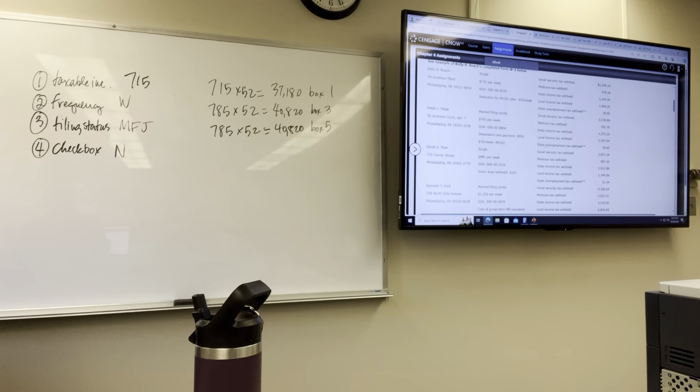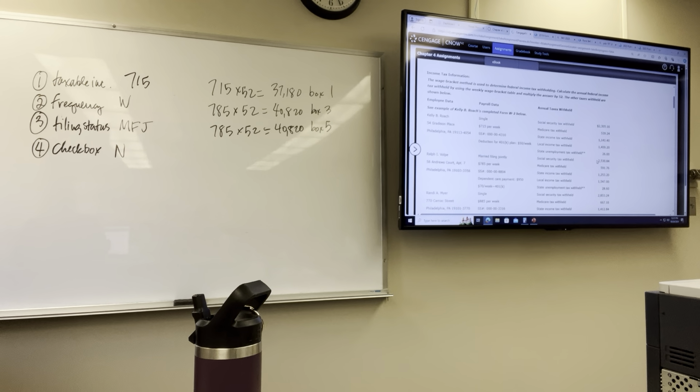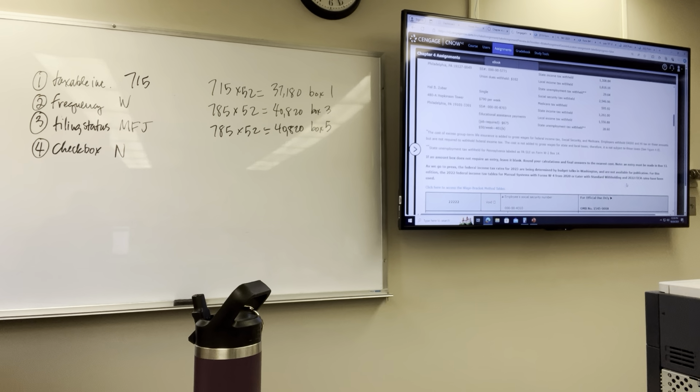And then they've given us the amounts for, sorry, we're looking at Ralph here: Social Security tax, Medicare tax withheld, state income tax withheld, and local income tax withheld. I think there is some cost of excess group life insurance. I know there's one problem here that has group life insurance included in the problem. They give you some information about that. The cost of excess group term life insurance is added to gross wages for federal income tax, Social Security, and Medicare, not for state, apparently.